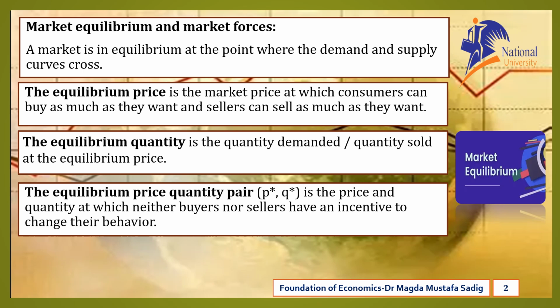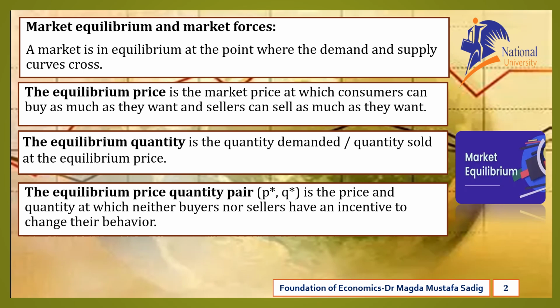The price here is called the equilibrium price, and we normally denote this in the graph by P star. The quantity is called the equilibrium quantity, denoted also as Q star.